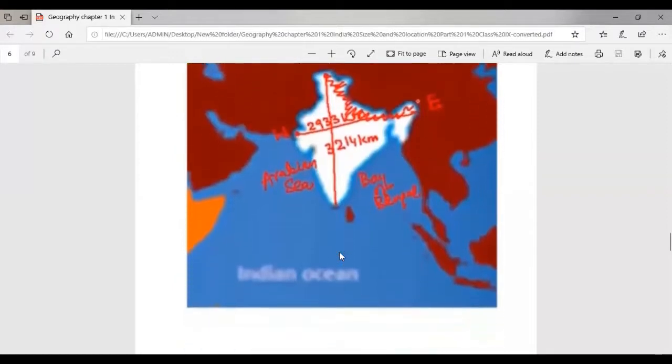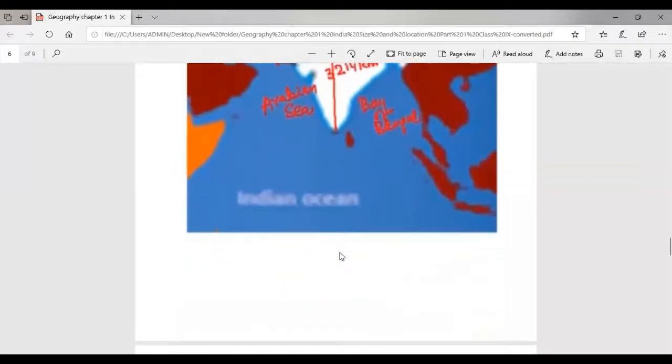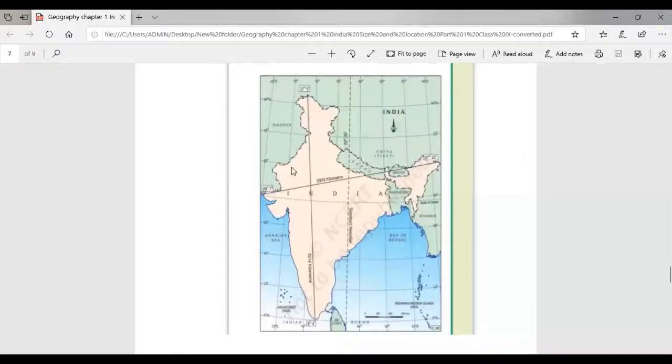Now let's move on to the next slide. Moving from the westernmost part, Gujarat, to the easternmost part, Arunachal Pradesh, there is a time lag of 2 hours.